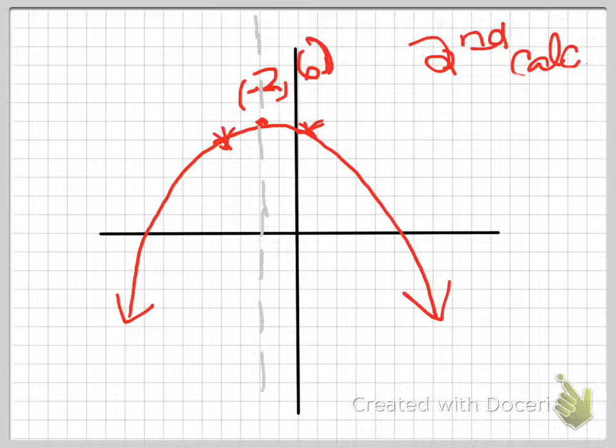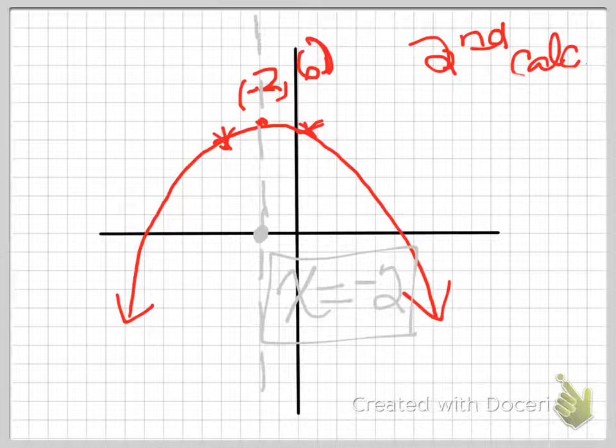And my axis of symmetry here is always going to happen along the vertex, and it's always going to be along the x-axis. See, this dot is on the x-axis. It's going to be x is equal to whatever the x value of my vertex is. So x equals -2. Keep in mind it must be a line. Therefore, you must have the x equals that -2.